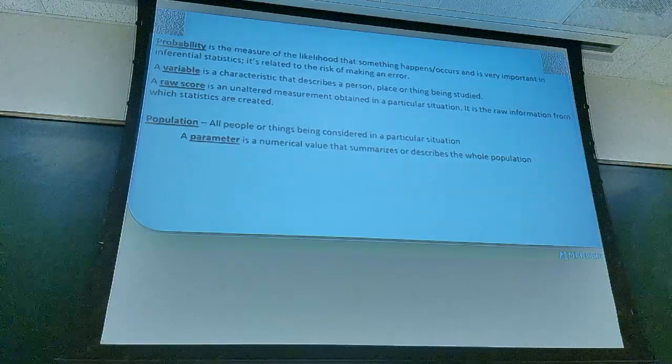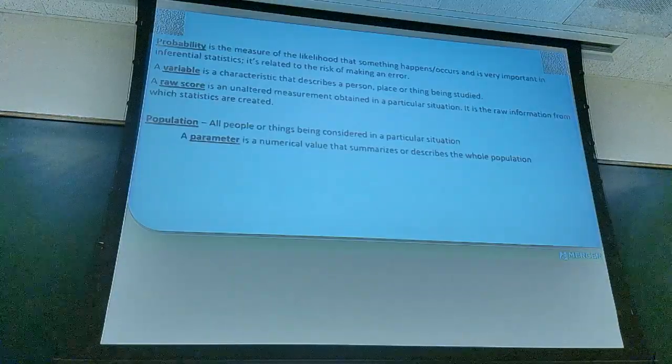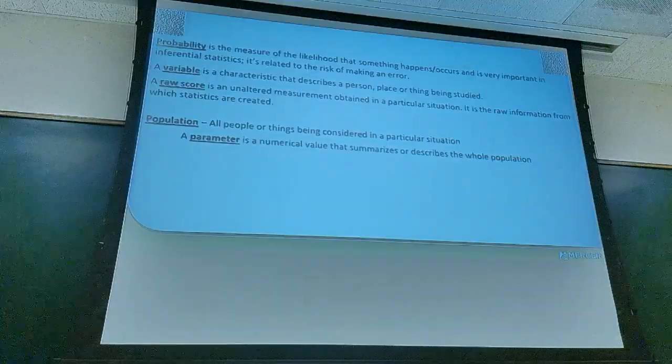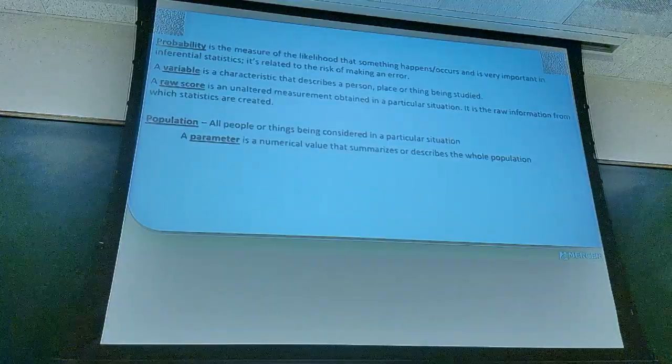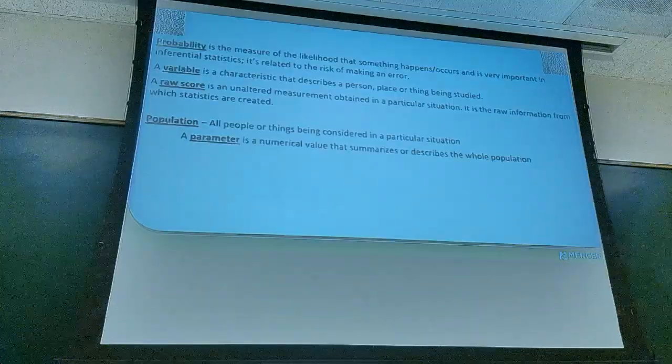Let's say we want the average value of college or university, like the average cost for students in America. Your population would be all college students in America. The parameter would be how much are they spending a year.